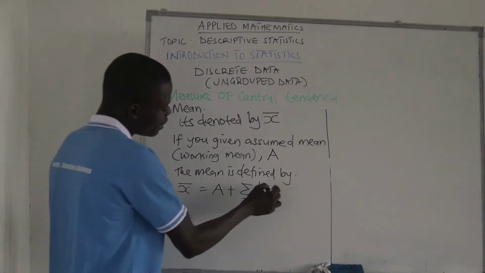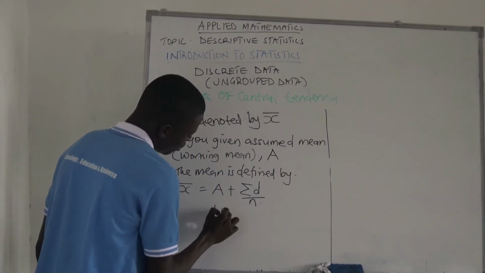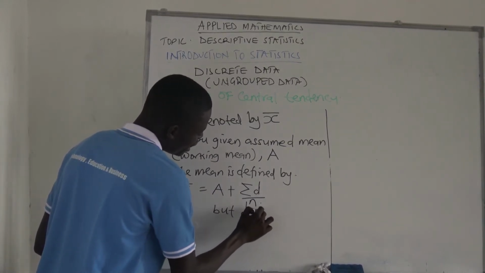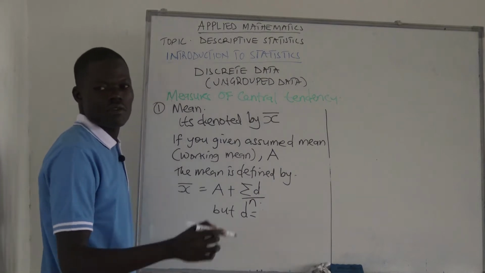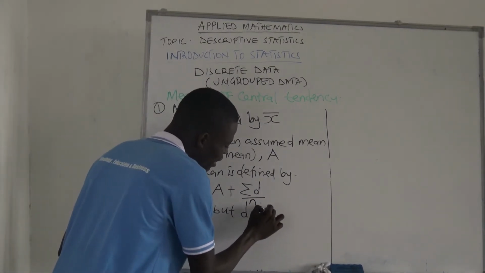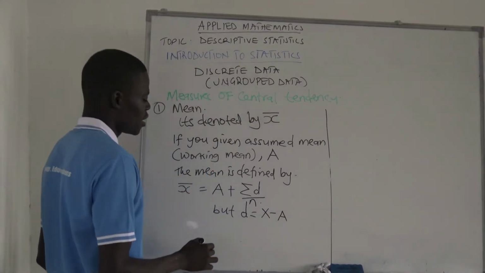Now, we know that our D, which is the deviation, is given by x minus assumed mean. D is given by x minus assumed mean.